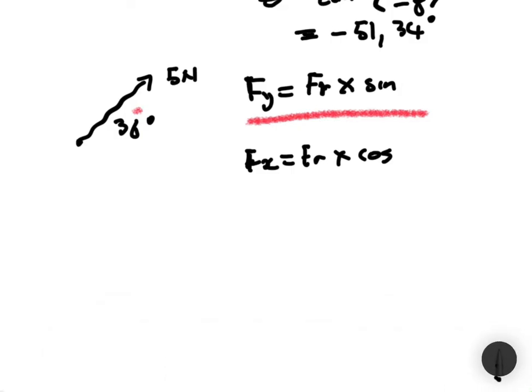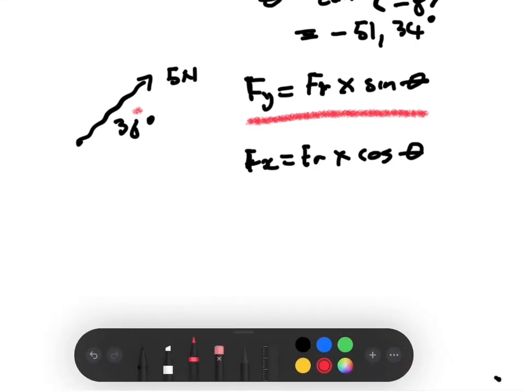We just use theta, whatever the angle is. This angle here is actually not 30 but 36 degrees, but we just use theta. It's going to become clear when we solve the problem. So that's the formula we use there.